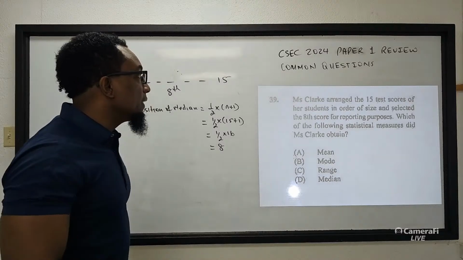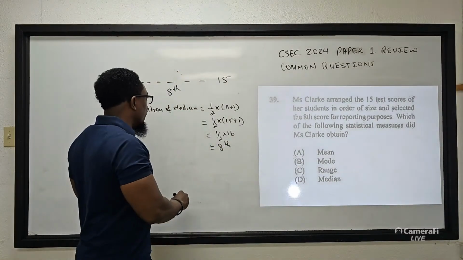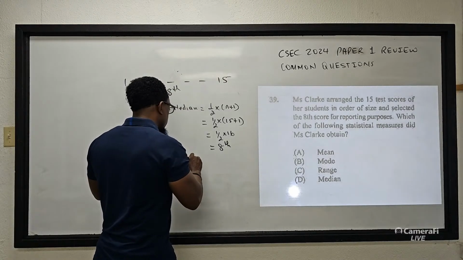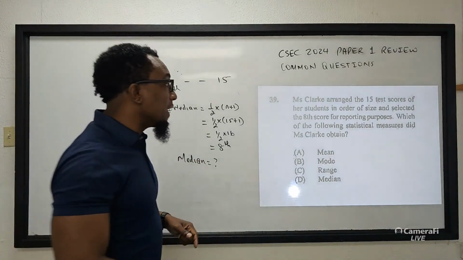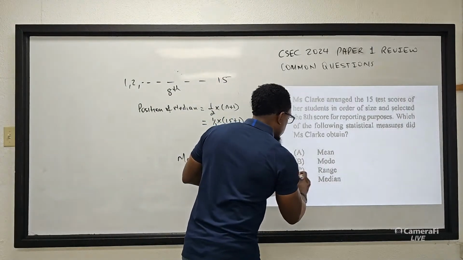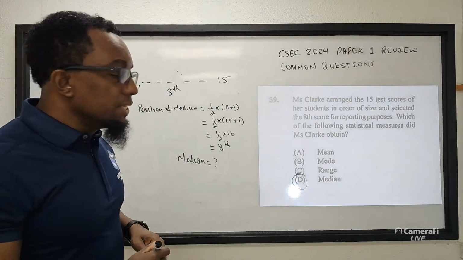So that will represent the 8th position, and that will be the median. So once we know the 8th position, we can determine the value of the median. Okay? So that's D, 39D.